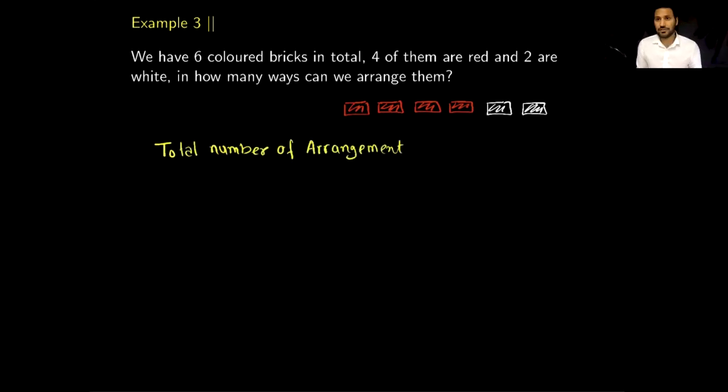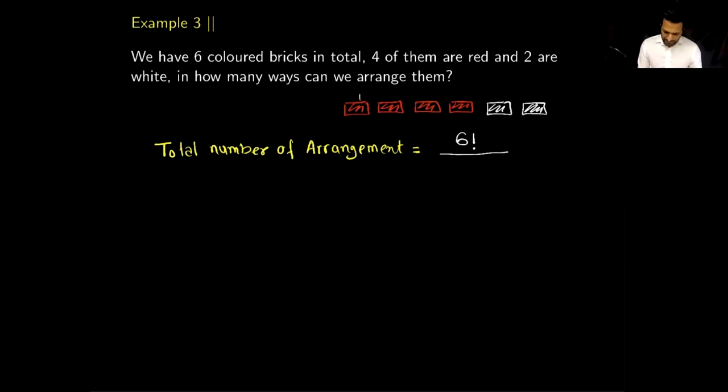As you can see, this problem looks really similar to the permutation problem, but the only difference is that there are identical objects. So it means there are some repetitions which we have to remove. According to the formula, the total number of arrangements of these 6 objects will be 6 factorial. And now we use the division rule to cancel all the repetitions.